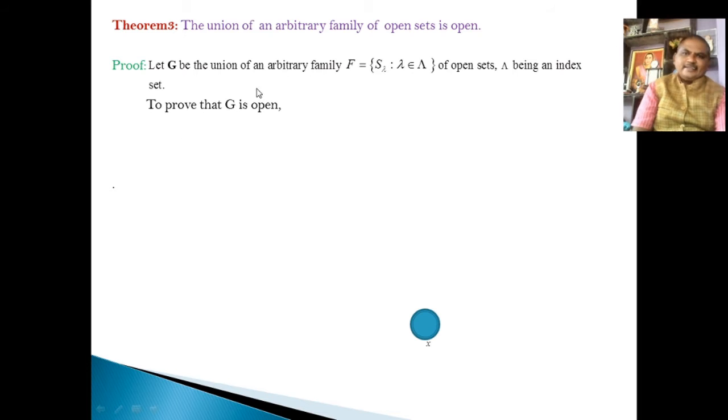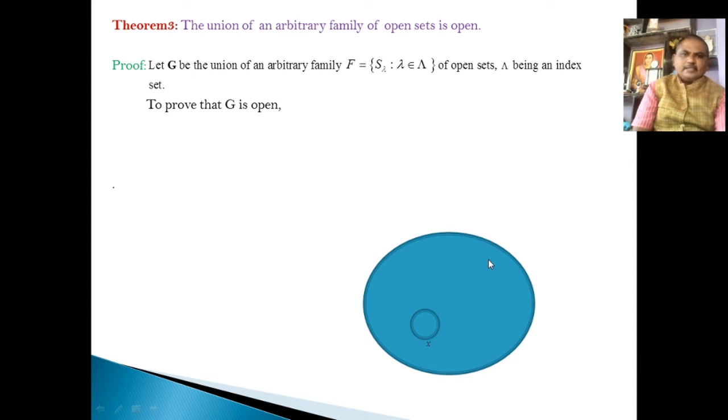To prove that G, the union of this arbitrary family of open sets, is also an open set. Suppose S1 is one open set in this family, S2 is an open set in this family, S3 is also.